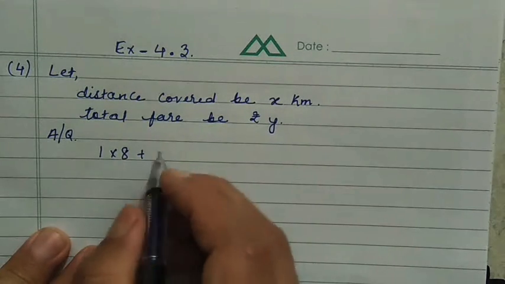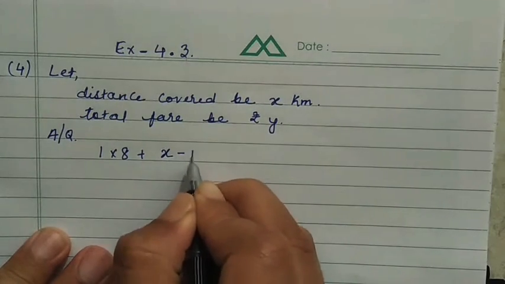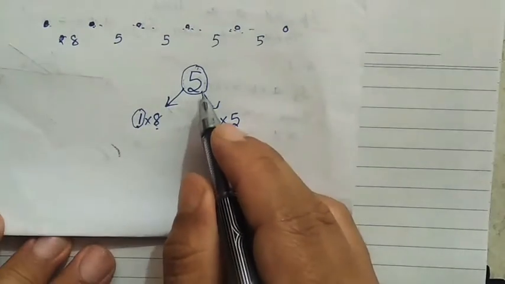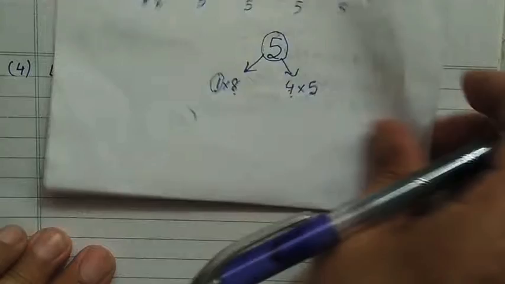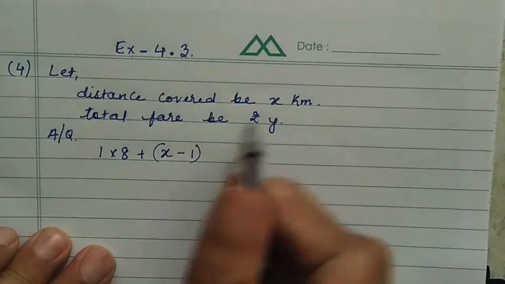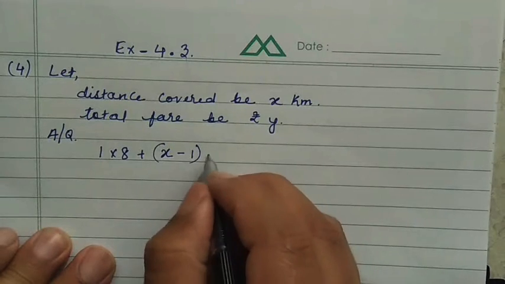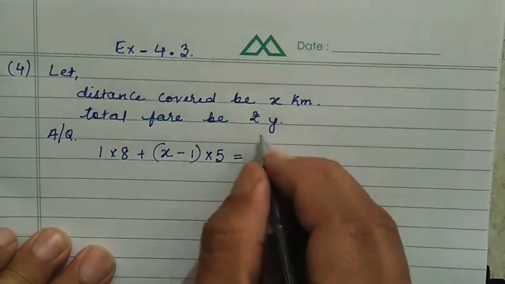So the remaining is total minus 1; for example, 5 minus 1 will give us 4. So the remaining distance is x minus 1, the total distance minus the first kilometer. It will be at the rate of ₹5 per kilometer, and that will give us the total fare y.